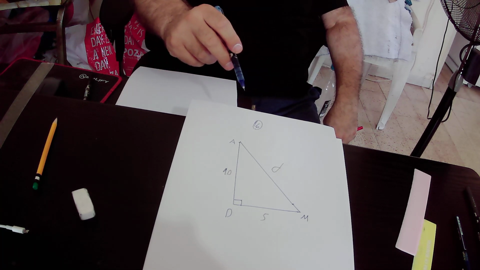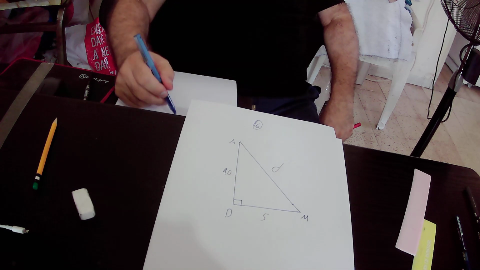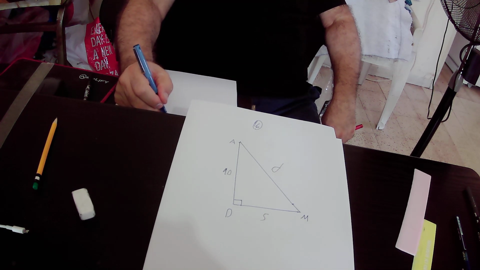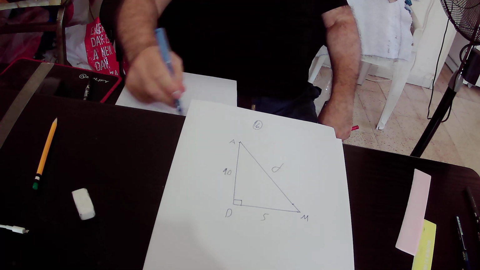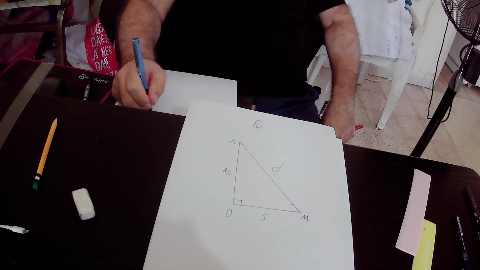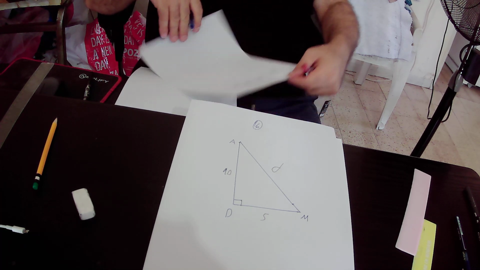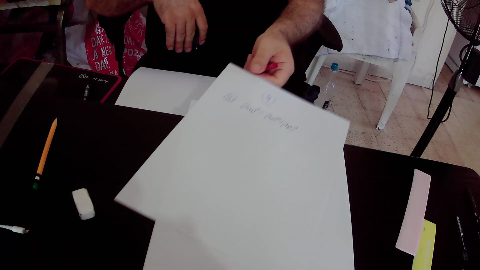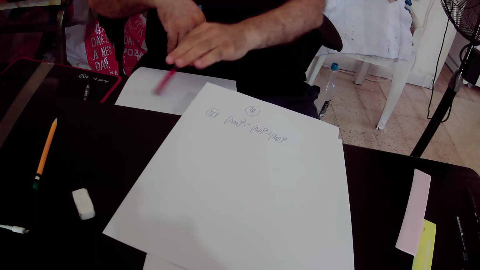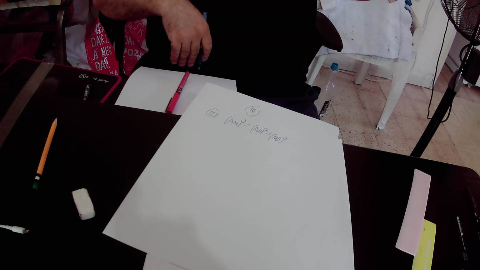That is to say equals AD square plus MD square. Okay, so in our right triangle, AM square equals AD square plus MD square.